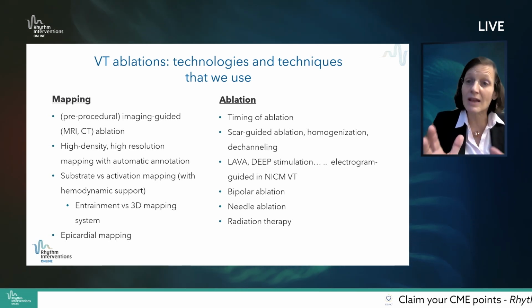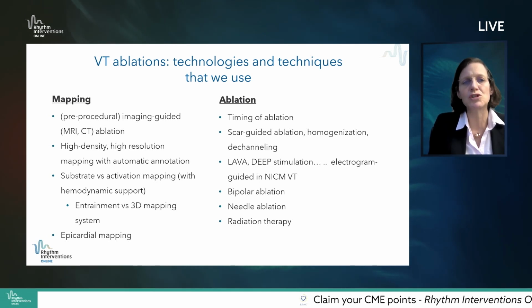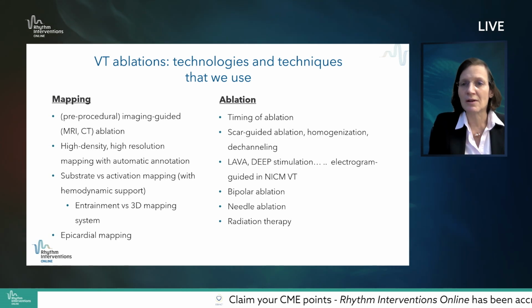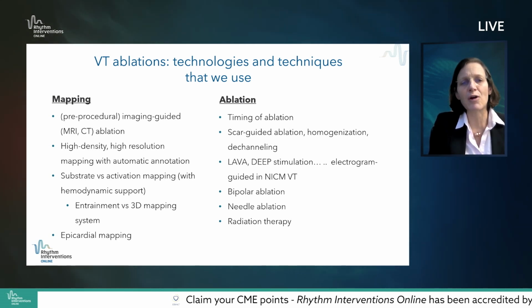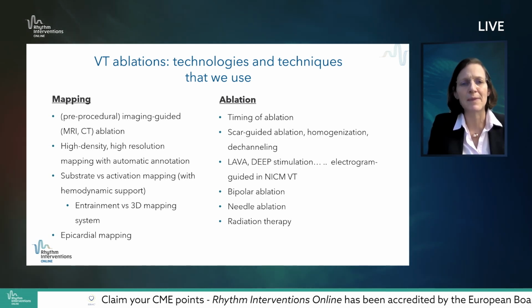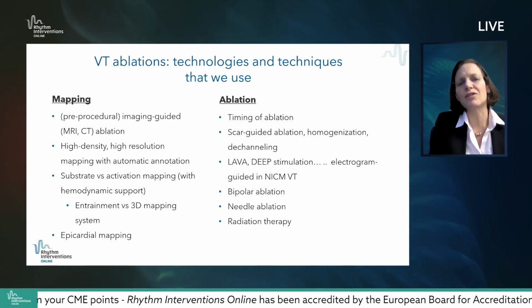And then in the lab, we have the possibility to have high density or high resolution mappings, best, of course, with an automatic annotation that helps us find our way through these 4,000 points that we acquire in a very short time.